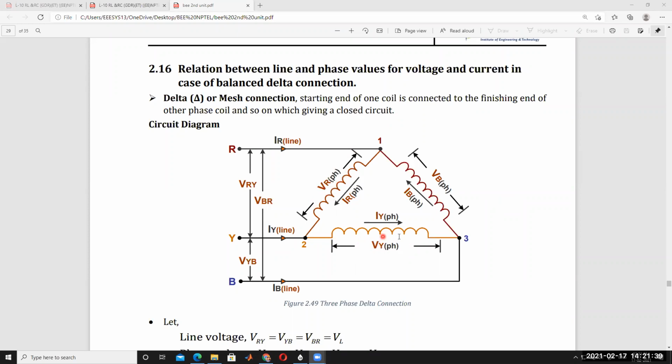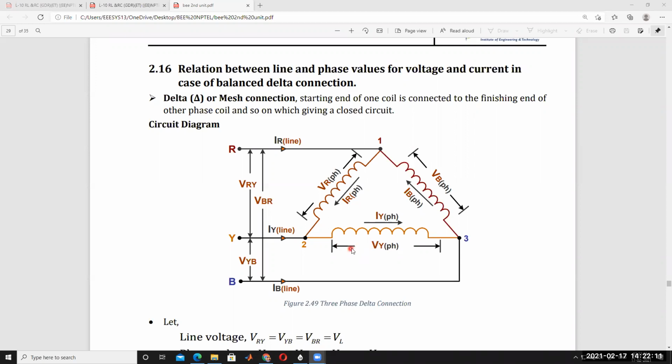The current flowing through the R phase winding is called IR phase, the current through the Y phase winding is called IY phase, and the current through the B phase winding is called IB phase. So this is the circuit diagram for the delta connected system.